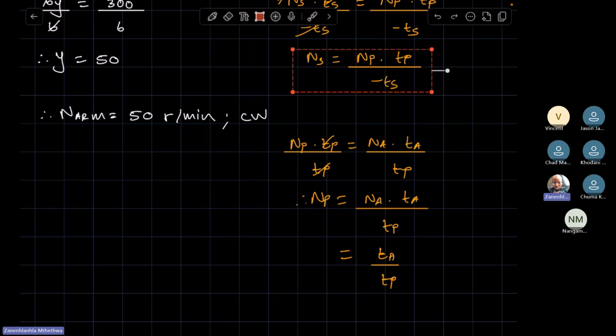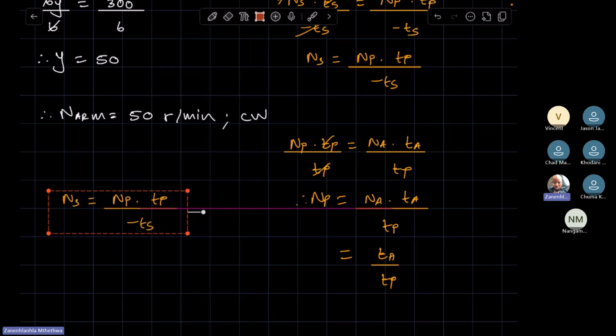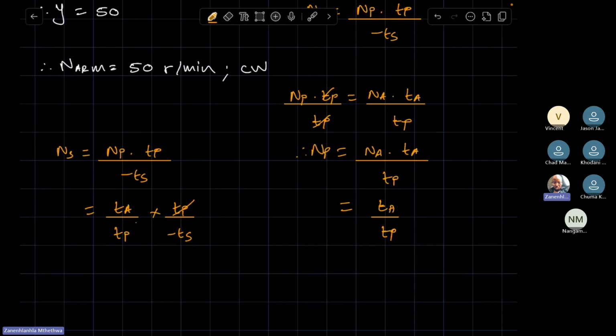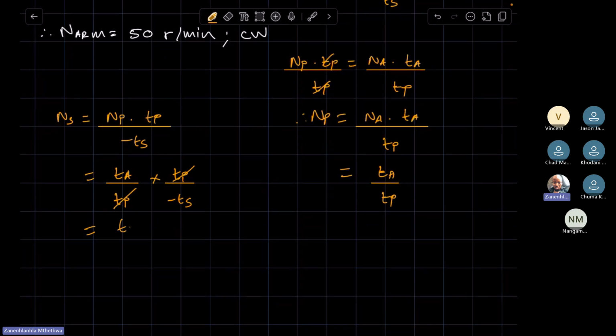Remember this is what we got when looking for NS, and now we've established that NP in terms of number of teeth is equal to TA over TP. So you replace NP with TA divided by TP times TP divided by negative TS. This and this cancel, so it is TA divided by negative TS. That is how you do it essentially.